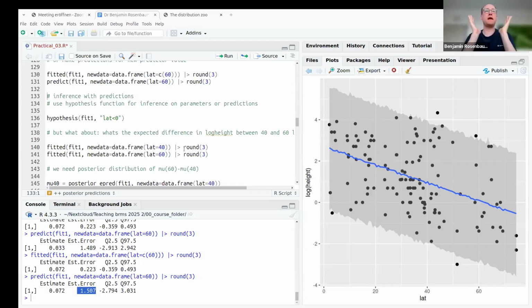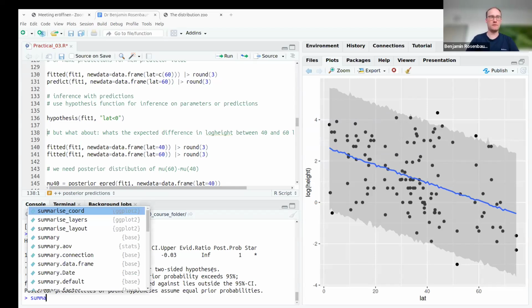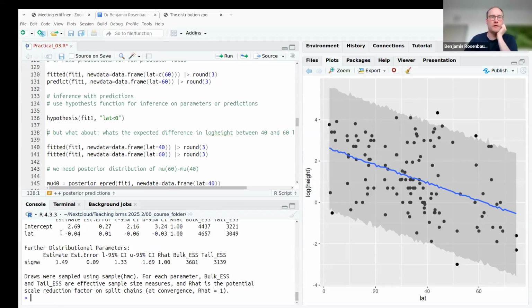Usually we want to make inference on the model. For instance, on the question, is the slope negative? Then you can just ask this question, is the slope negative? And this directly comes from the posterior distribution of this one parameter. And so this corresponds to this distribution of this parameter here.